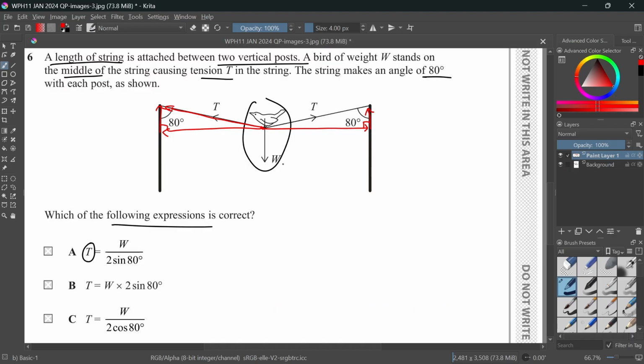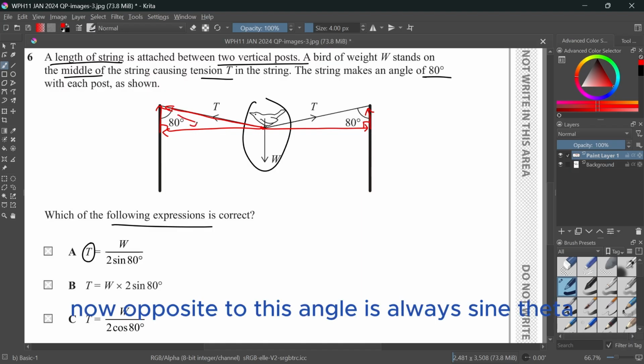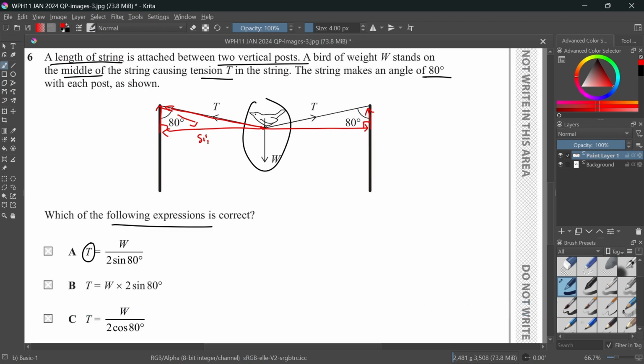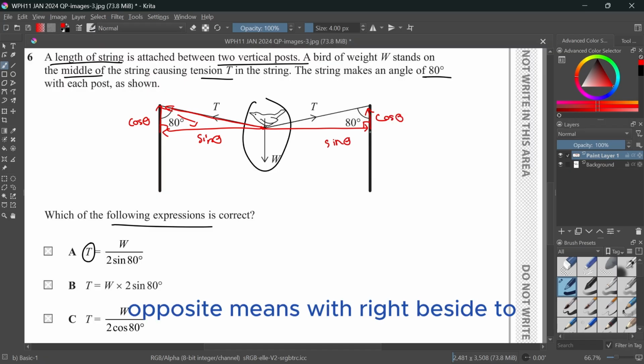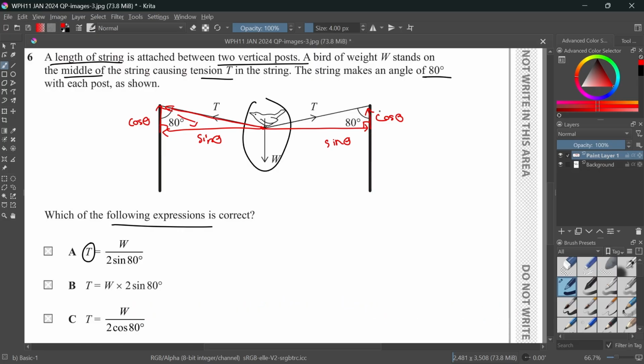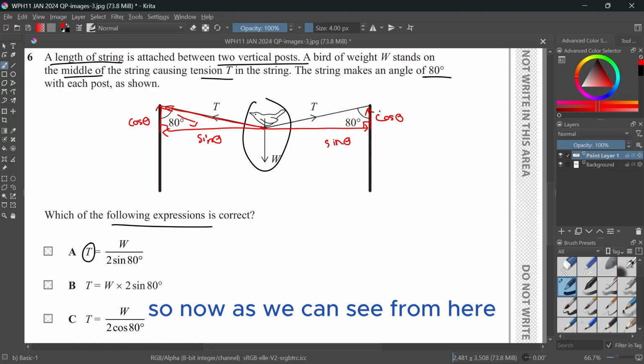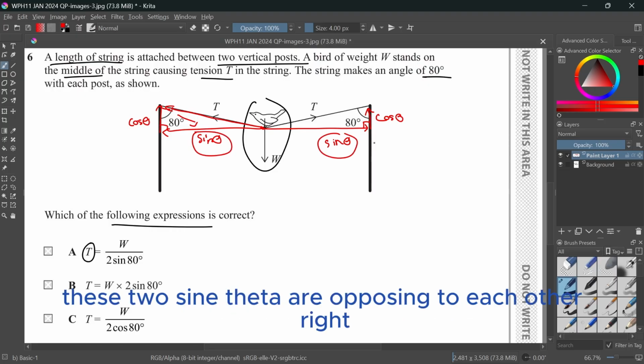Okay, now opposite to this angle is always sine theta, and here it will be cos theta. Your second line, which is right beside it, will always be cos theta. Okay, so now as we can see from here, these two sine thetas are opposing each other, right?